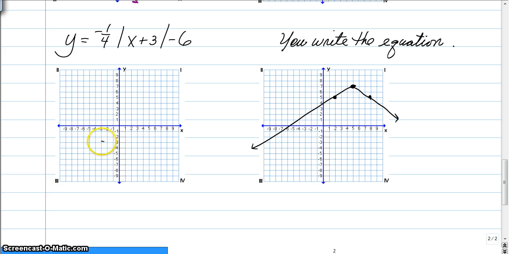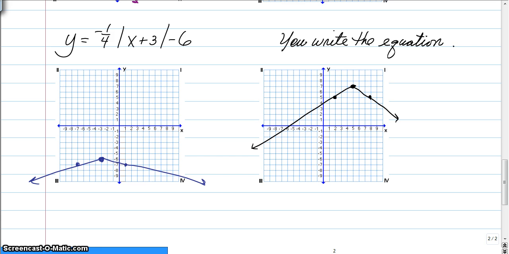Negative 3, comma negative 6 is our starting point, known as your vertex. Your slope is down 1 over 4. Down 1 over 4. So your graph for that should look like this.